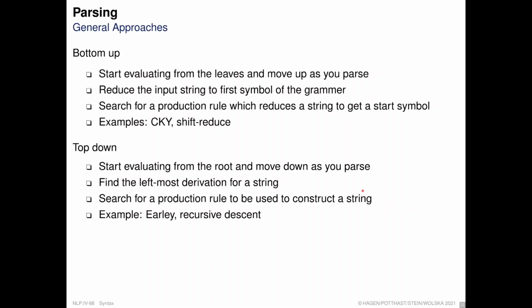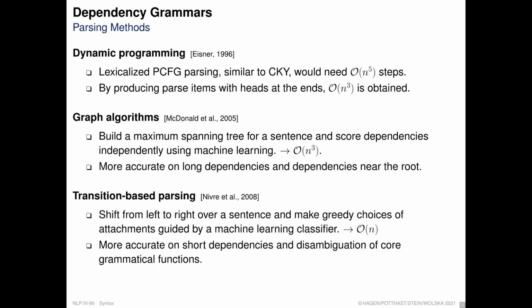So here we are constructing the strings, and here we are decomposing the strings into the start symbol. An example of this kind of top-down parser is one of the early algorithms introduced by Earley. There are also more recent approaches to top-down parsing, but we will not go into details. Again, here we will talk about an approach to building dependency trees by means of so-called shift-reduce parsing.